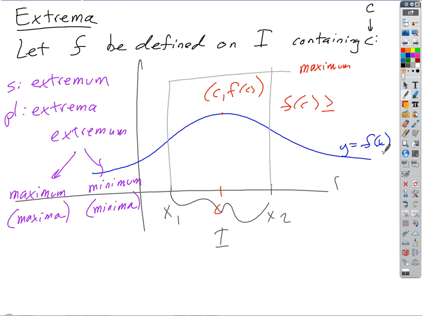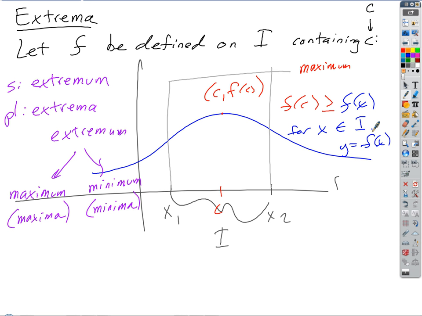Let me restate what you've given me so far. You've told me this is a maximum if it's the greatest value of the function. That implies y value, but if we're talking about a function, we would call the y value f of x. So f of c has to be greater than or equal to f of x for all the values of x on this interval.